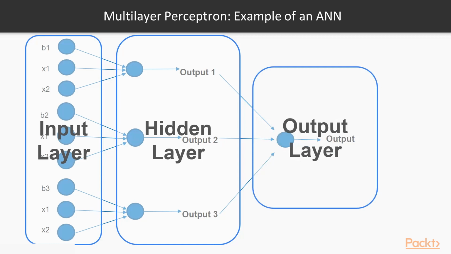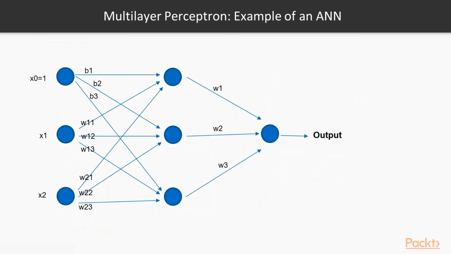And finally, the output that we get from the network is known as the output layer. So these are concepts that you need to know before you start using this model. So we have one input layer, we have a hidden layer, and we have an output layer.